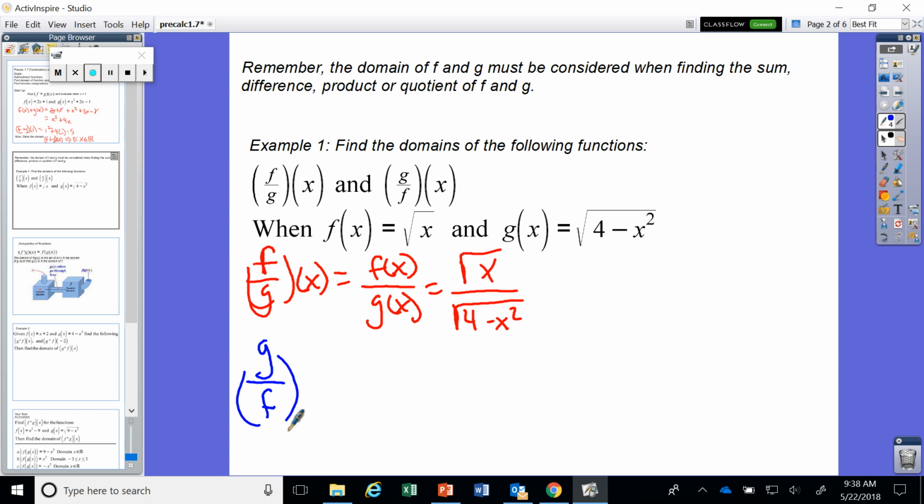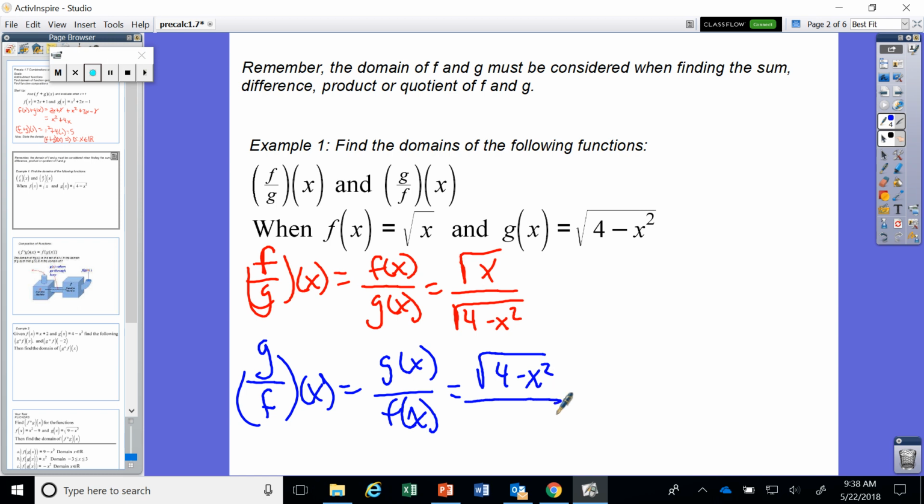Once again, this is g of x over f of x. And again, we don't have a whole lot to simplify here. We can get the radical out of the denominator by rationalizing it, but I want to hold off because it's going to show us our domain a little easier. So think about what the domain of f actually is. We can't have negatives under that radical, so we know it's going to be 0 to infinity.